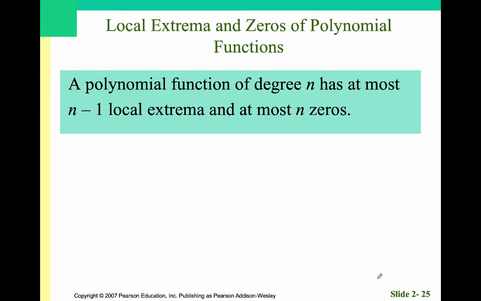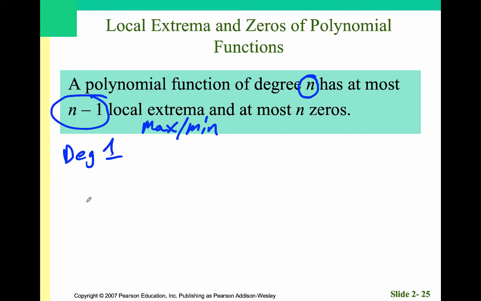A polynomial function of degree n, so this is going to be the degree, has at most n minus 1 local extrema. Remember, those are max mins, okay? So if you think about degree 1 has no max or minimums, degree 2 has 1 max or minimum, and that's the degree 2 minus 1.